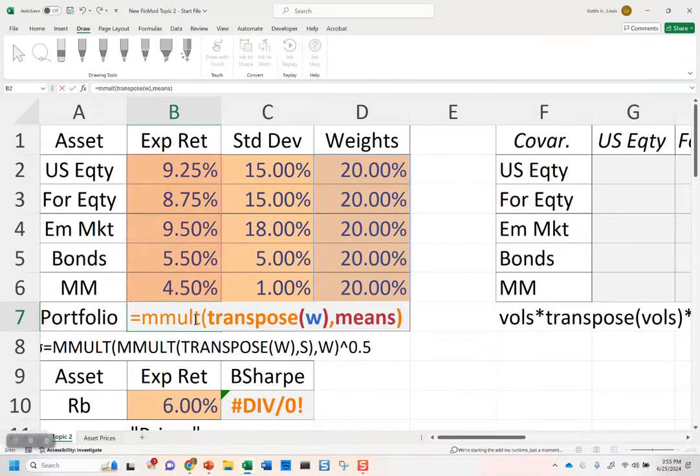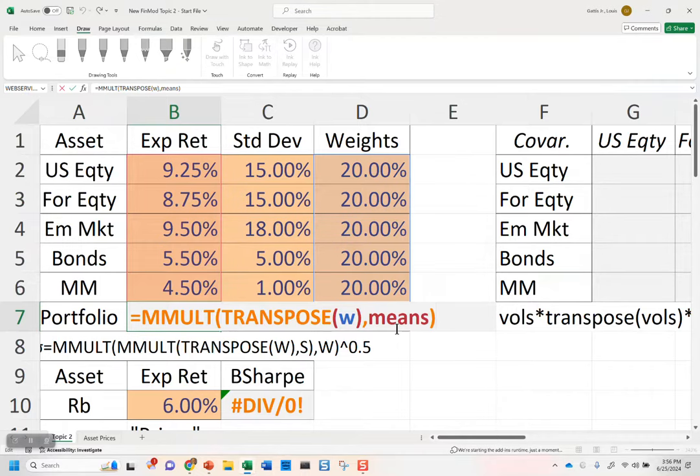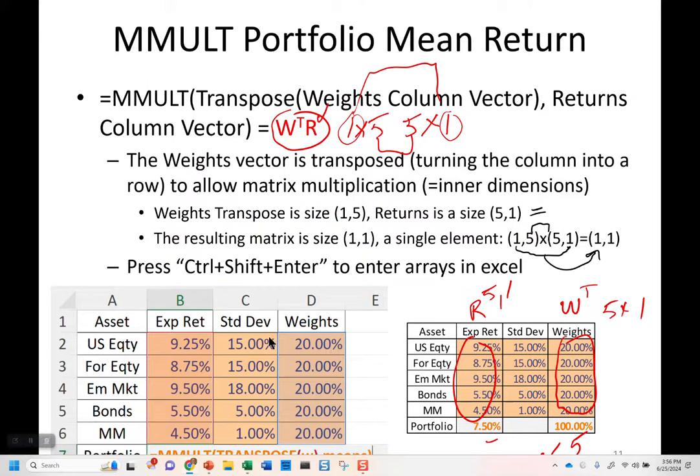So this is transpose W. That's going to be a 1 by 5, and this is a 5 by 1. Control Shift Enter. There's my 7.5%. So this resulting matrix here is a 1 by 1. In other words, it's just a single value, and that's my 7.5% I saw before.